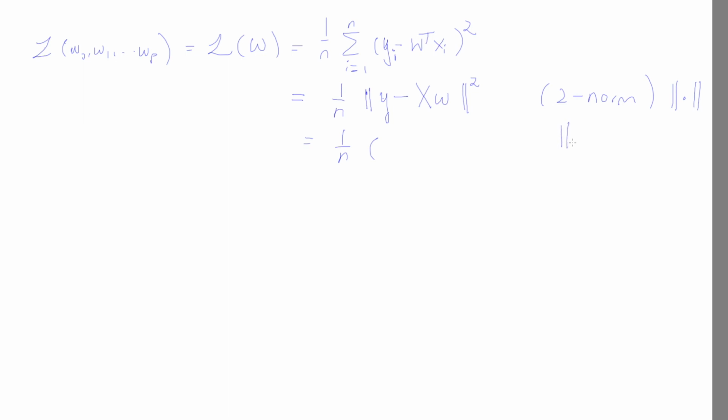For example, the 2 norm of a vector squared is equal to just the sum of the elements squared. This is also equal to y minus Xw transpose times y minus Xw. These three are all the same thing.